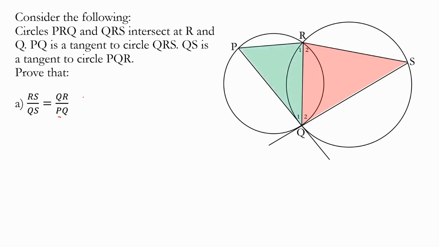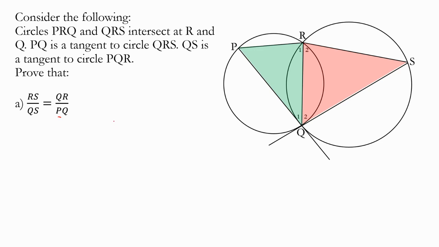Now we have to check the corresponding angles that are equal. I wanted to show you the method of identifying triangles. Let's go back to our information and find out what we can get from it.